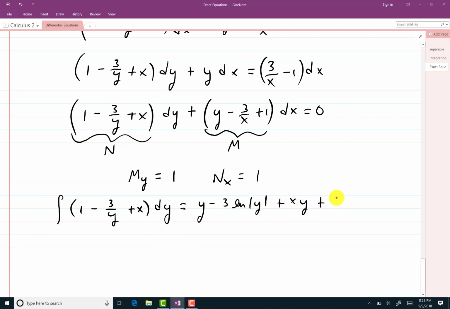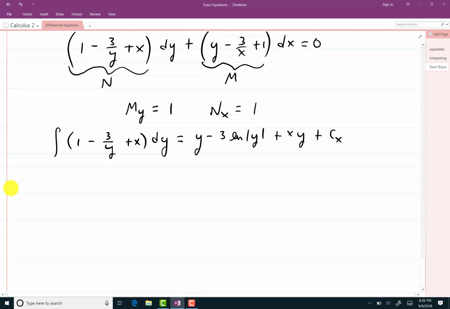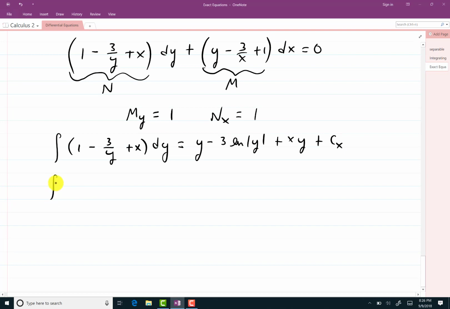And then I'm going to get a constant that might be a function of x. Similarly, I'm going to work the other one. I'll have y minus 3 over x plus 1 dx, and that will equal xy minus 3 ln absolute value of x plus a constant that may be a function of y.